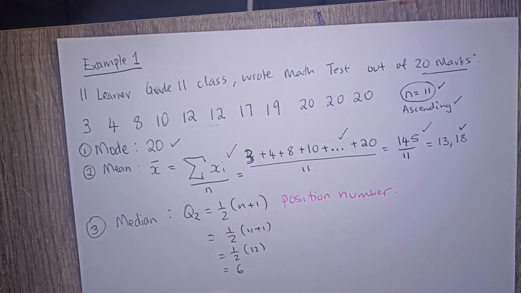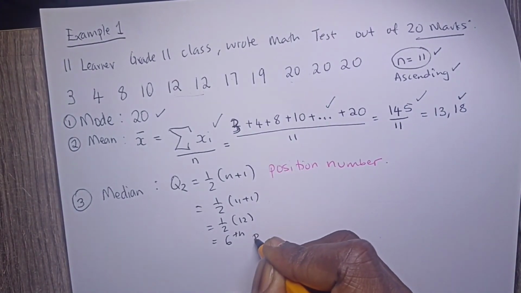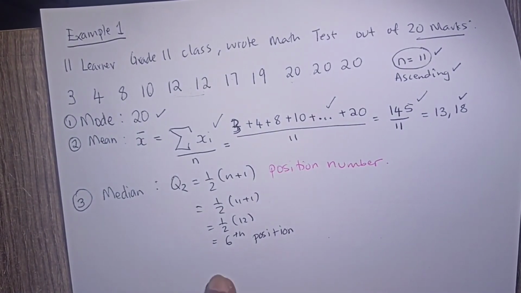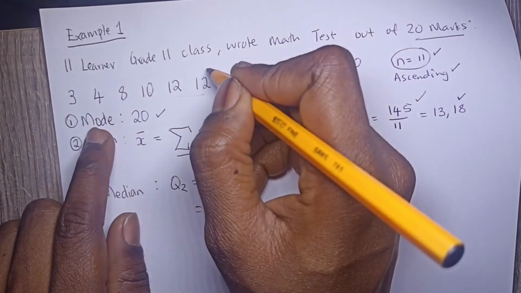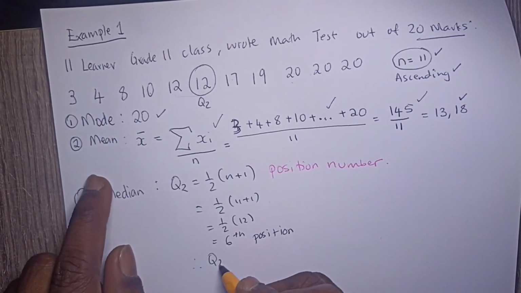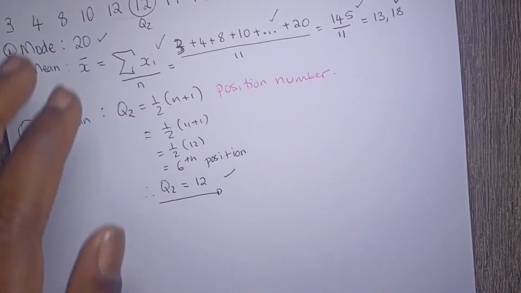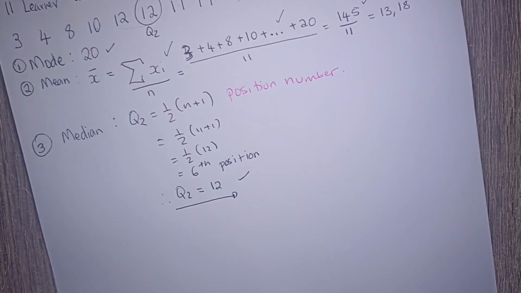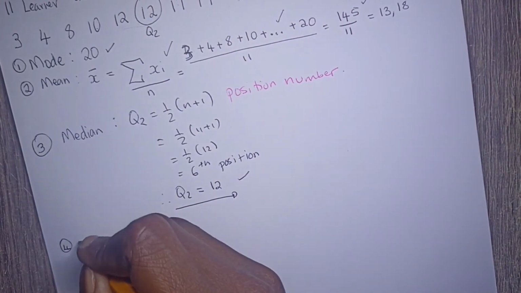Then I'm going to write this: the median is in the 6th position. You get it? So we're going to count 1, 2, 3, 4, 5, 6. That right there becomes your median. Therefore, Q2 is 12. I hope you're understanding it. The formula gives you the position number, but you still need to go and find the value.